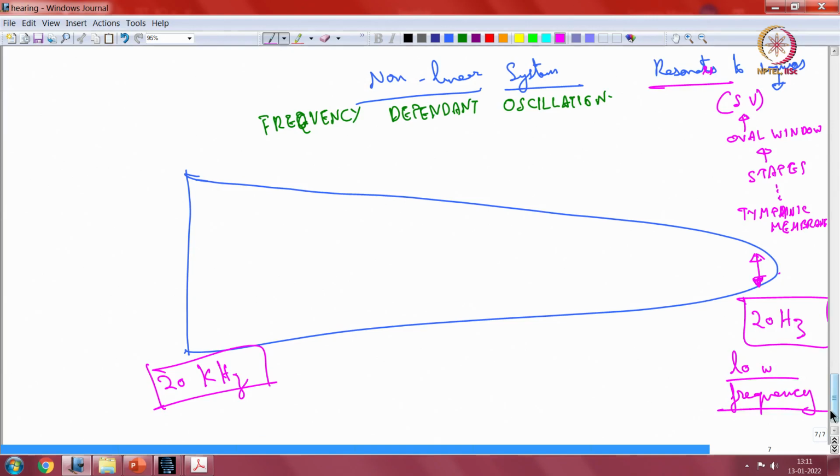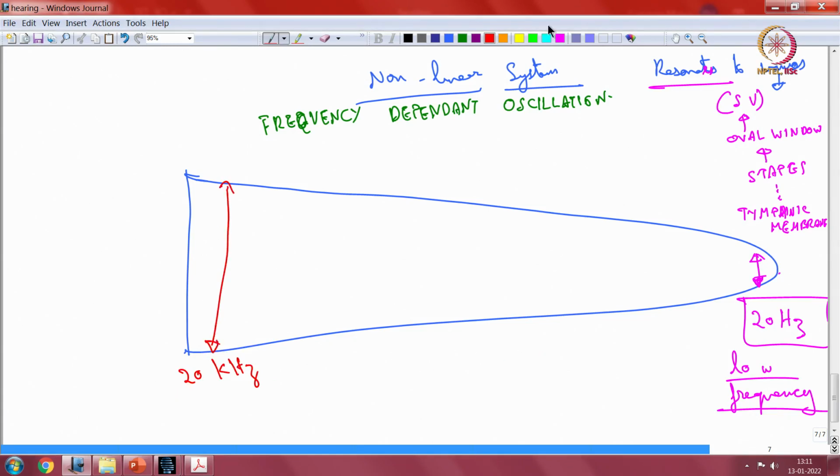Then, I need colors. And at high frequency, that is 20 kilohertz, the base vibrates.